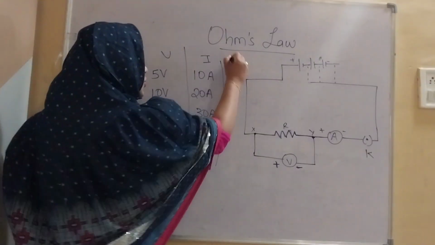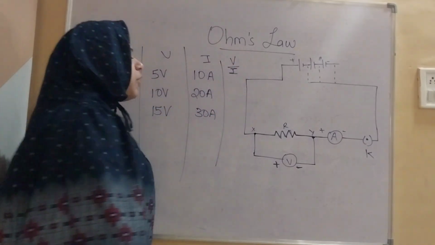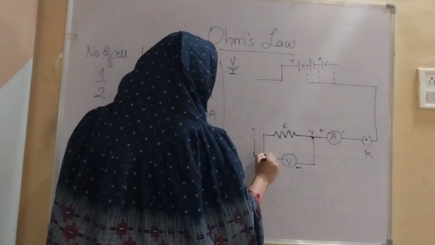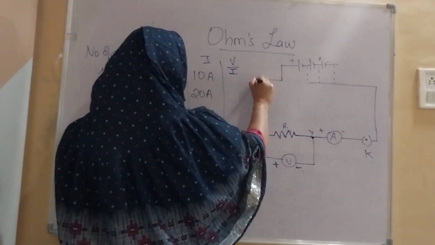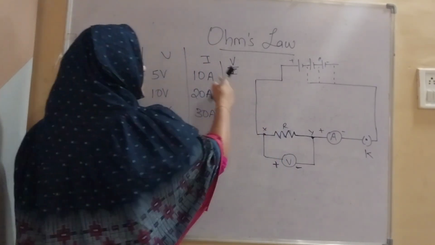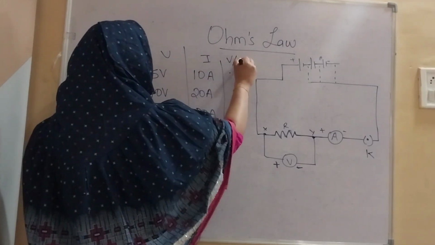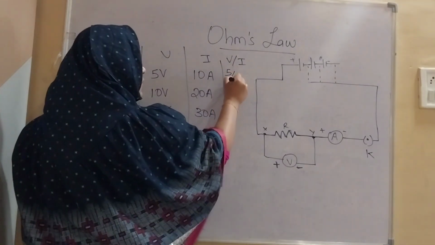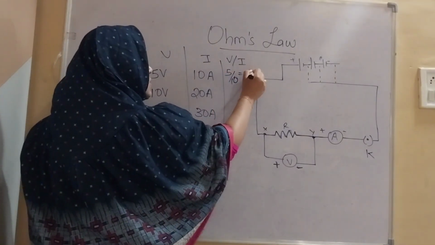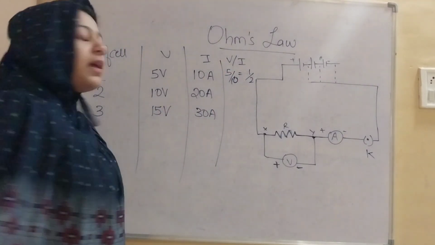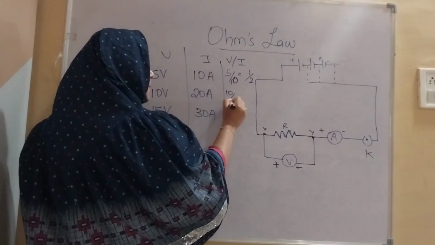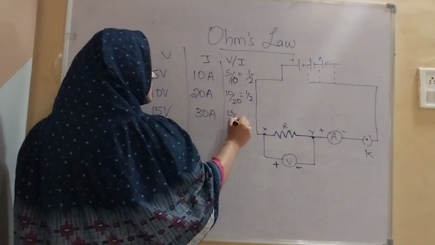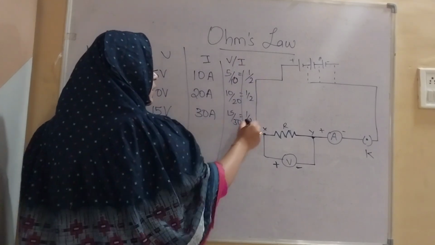Now if we take the ratio for potential difference to current, okay, so in first case V upon I. In first case, the ratio is 5 upon 10, which is 1 upon 2. In second case, the ratio is 10 upon 20, which is also 1 upon 2. And in the third case, it is 15 upon 30, which is also 1 upon 2.